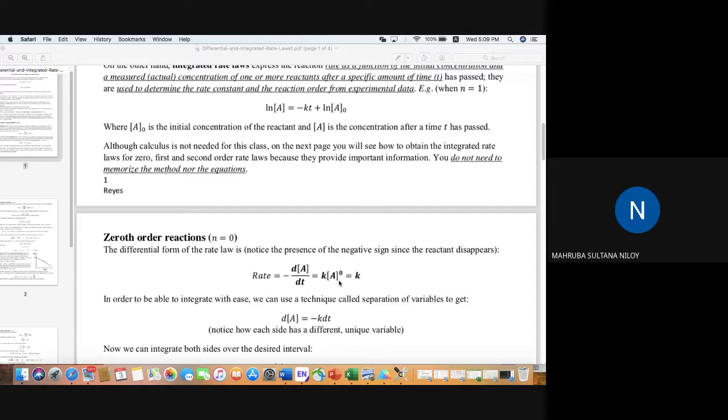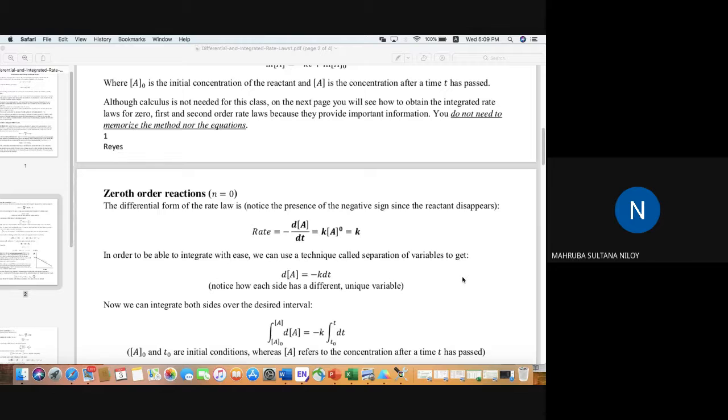Yes, sir. Okay, then it ultimately becomes 1. Is it clear? Yes, sir. Okay, so then what we get? The rate equals K, right? Yes, sir. Okay, and if we put this dt here, then we get an equation like this, right? And multiplying both sides by -1. Is it clear? Yes, sir.